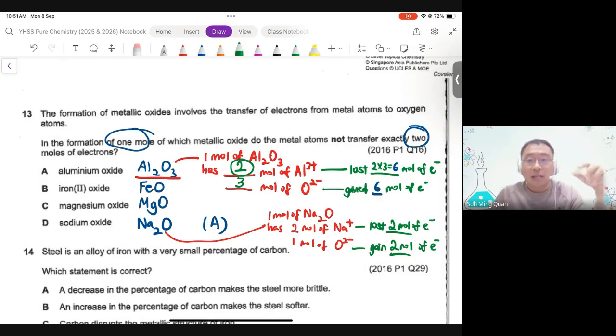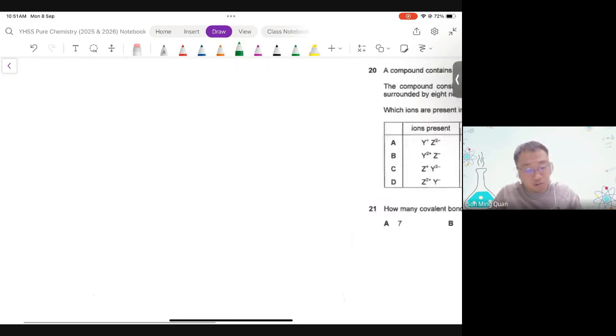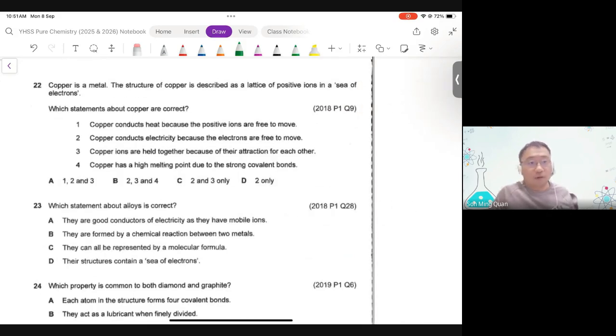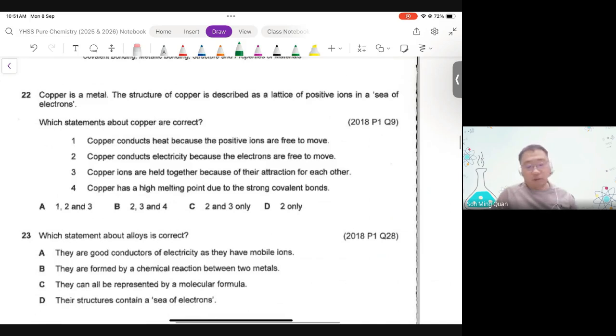Okay, now let's move to question 22. Okay, and we are now going to launch this poll, question 22, about copper metal. All right, so please start.